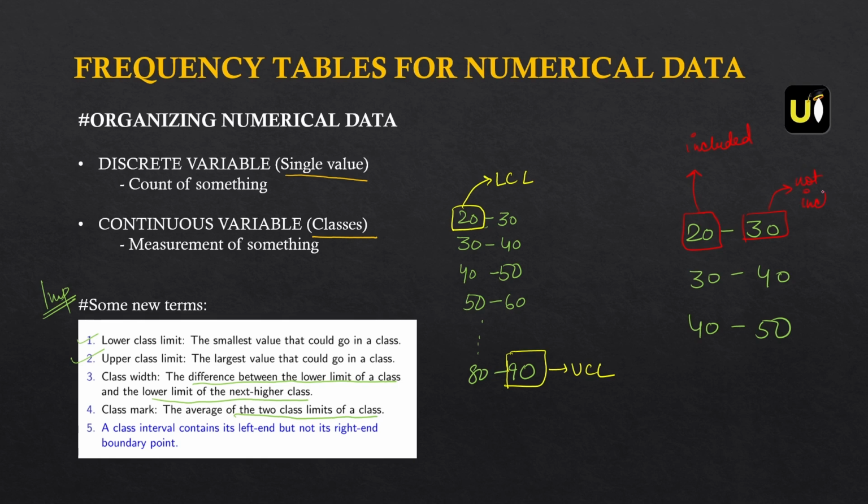In the next class 30 is included and 40 is not included. Here 40 is included and 50 is not included. So this is what the fifth point is trying to say. We will do the same for the further classes.